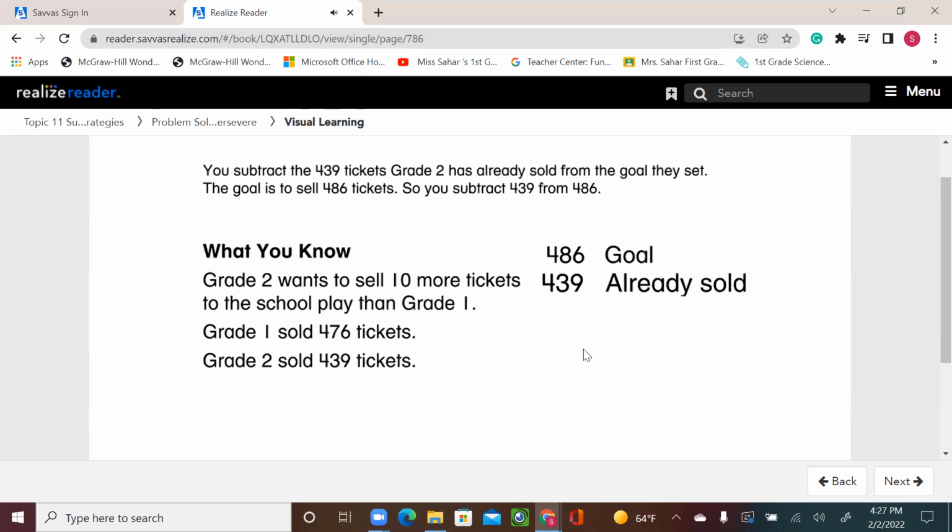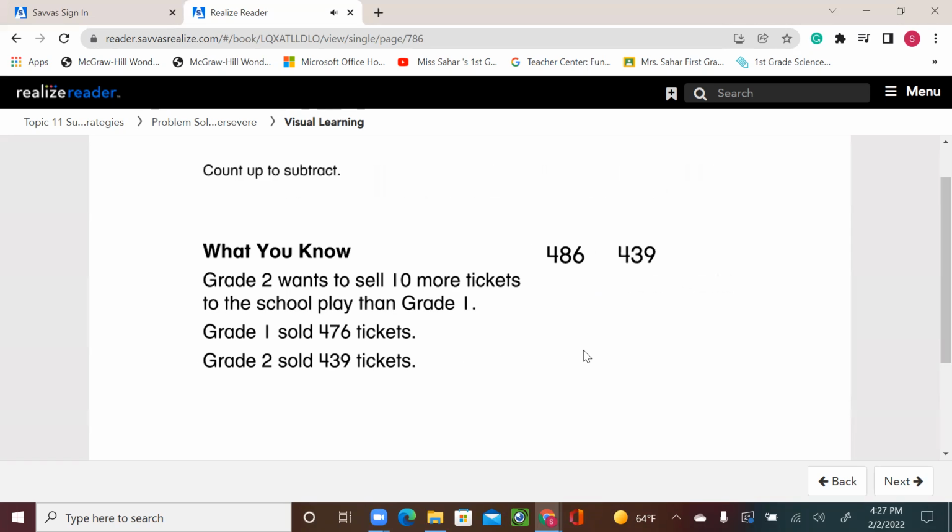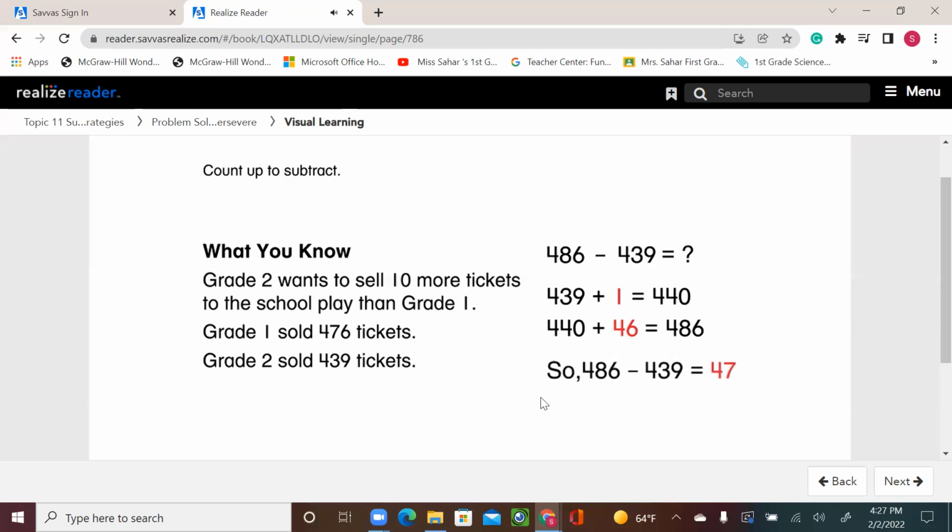So you subtract 439 from 486. Count up to subtract. 439 plus 1 equals 440. 440 plus 46 equals 486. So 486 minus 439 equals 47. Grade 2 needs to sell 47 more tickets.